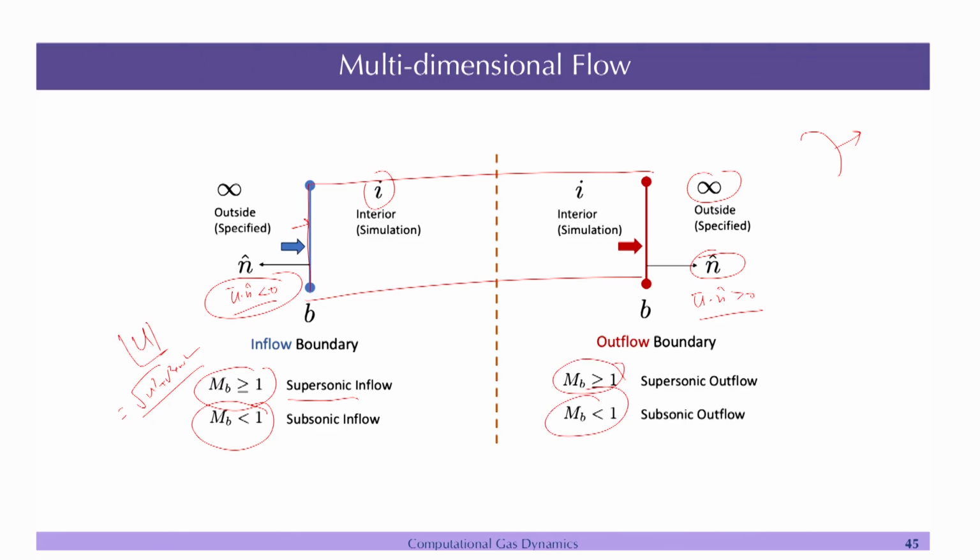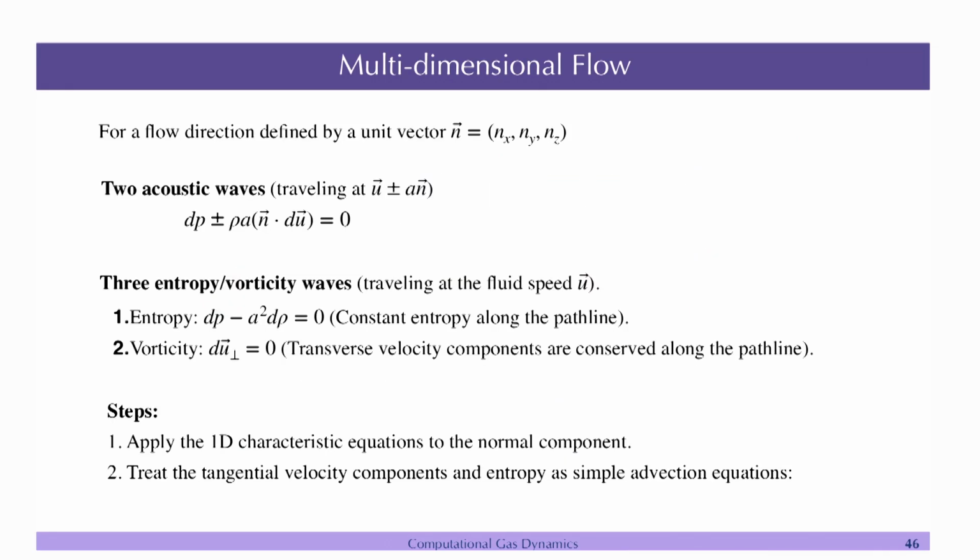In 1D we had 3 eigenvalues, u minus a, u and u plus a, which are 3 characteristics. In the case of multidimensional flow, let us say you are talking about 3D flow, you will have u minus a, u and u plus a, which are basically 5 eigenvalues.